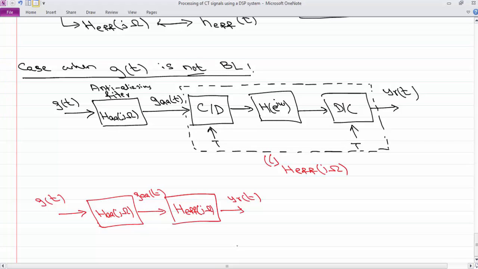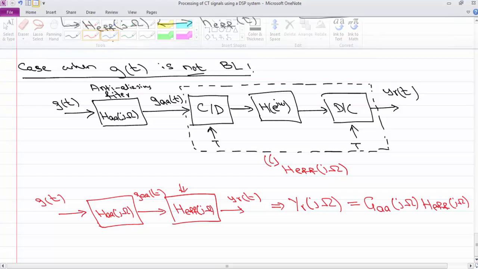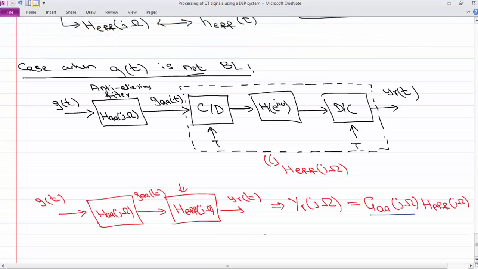Okay. And if I am now interested in finding the input-output relation in the frequency domain, I know that the output Y_r j omega is equal to the input of this block in the frequency domain. So that is G_AA j omega times the filter H effective j omega. And further, I know that this G_AA j omega is the output of this LTI system.